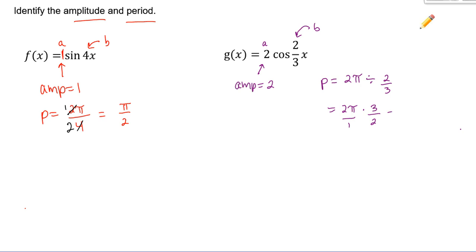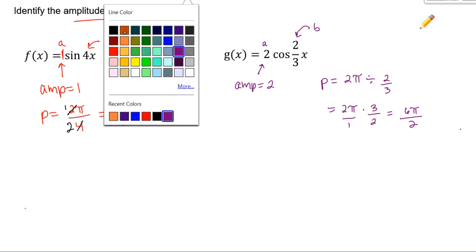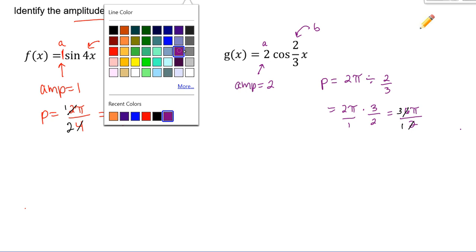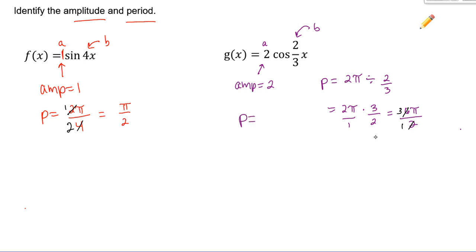All right, that becomes 3 times 2 is 6 pi over 1 times 2 is 2, but those reduce a little bit. 2 goes into 6 3 times. There's a 1 there, so your final period is 3 pi.